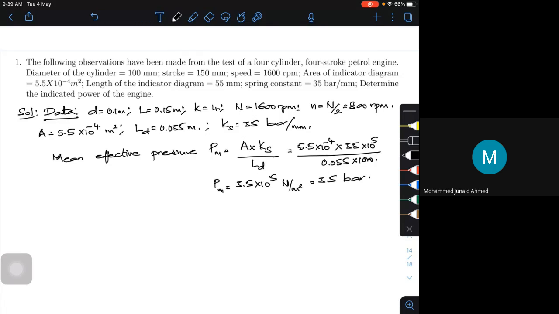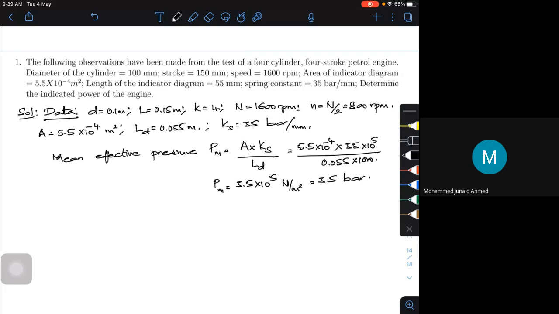What is it? I'm getting around 35 Newton per meter square, so the numbers are going wrong. Maybe it is in mega bar or something. I should get 3.5, so I divide by 10 to the power of 5.